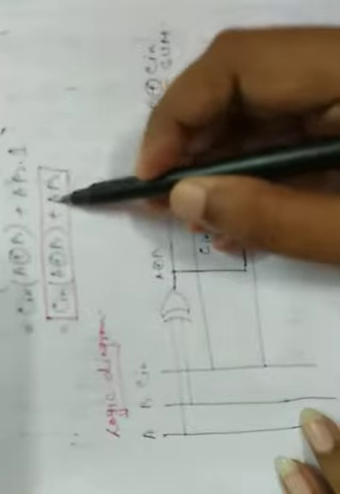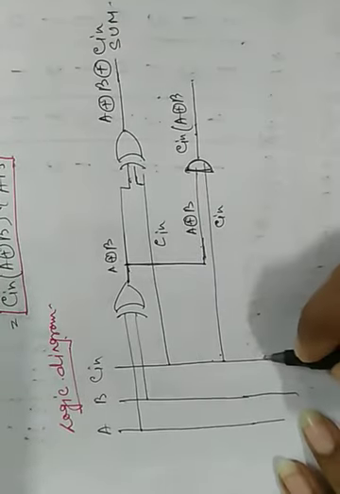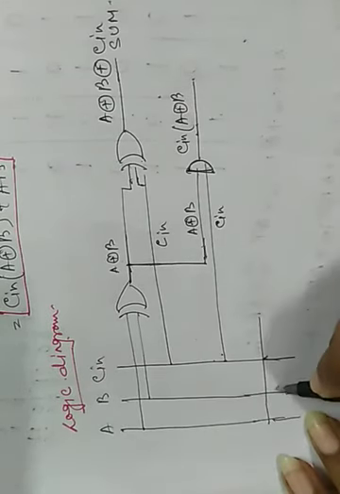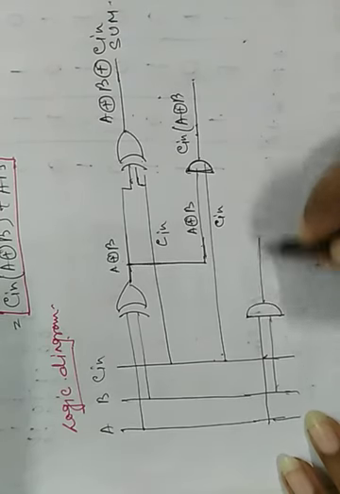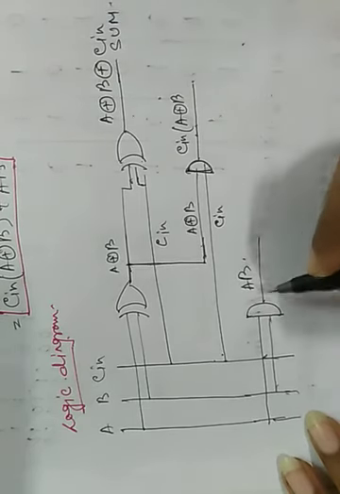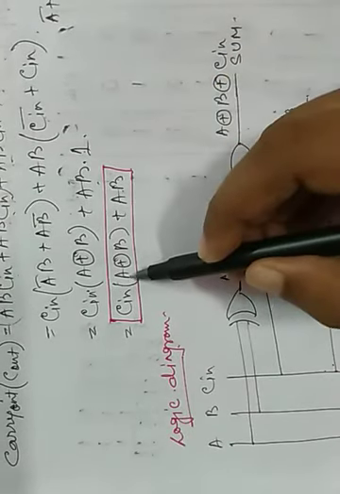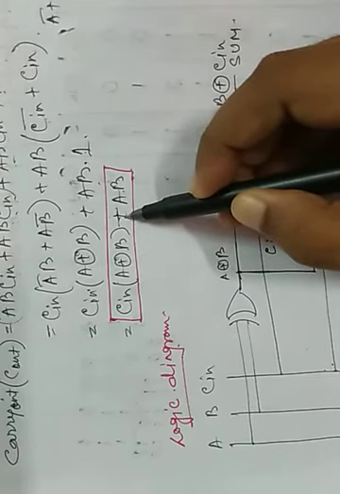This is done, and another part is the A B AND gate. Now you can see the A B AND gate and C in (A exclusive OR B) again pass through one OR gate.